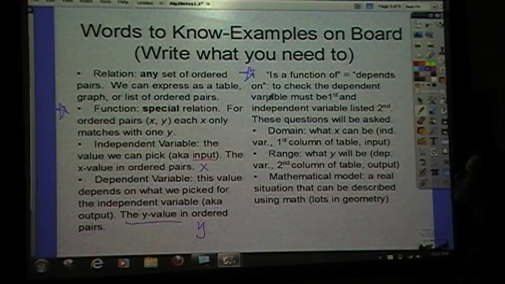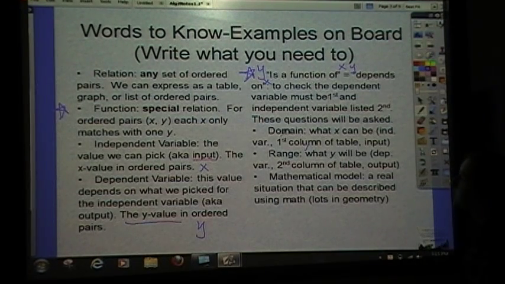To check which one is dependent and which one is independent, you might change it to "depends on." If I say y is a function of x, that means y depends on x. In this case, y depends on something, so that's your dependent. X is your independent. X is the one you can pick. Okay?